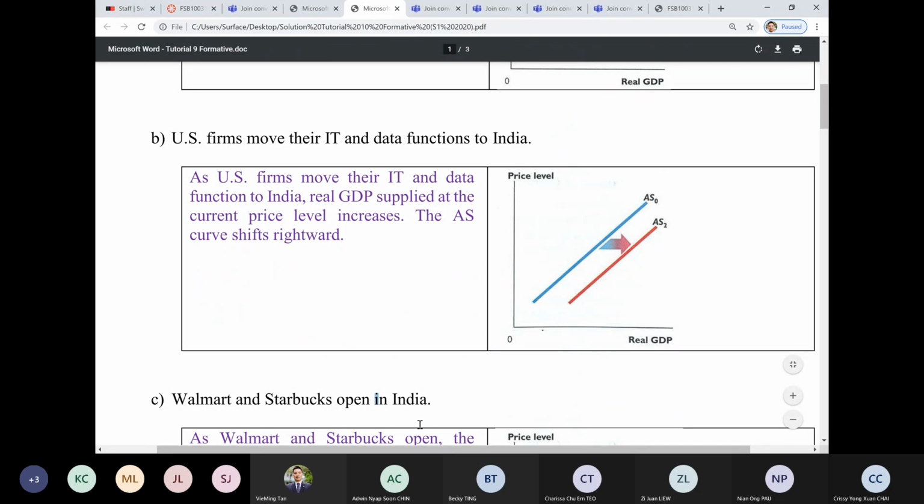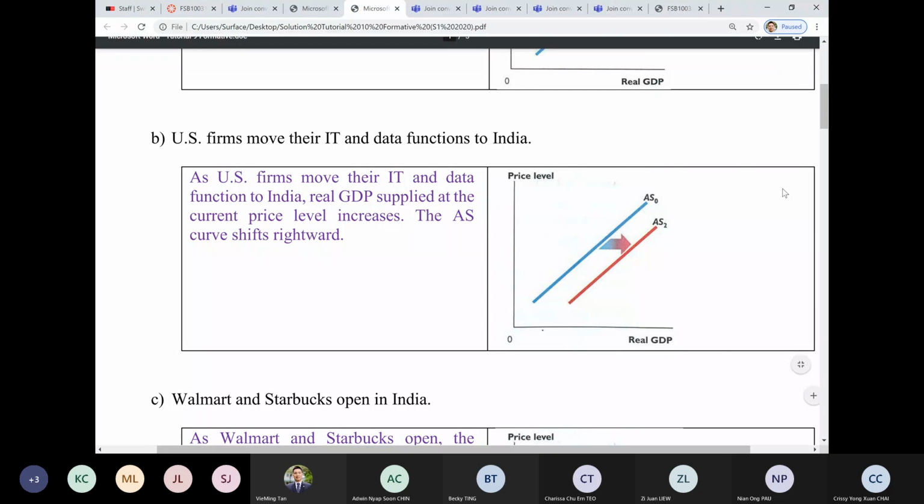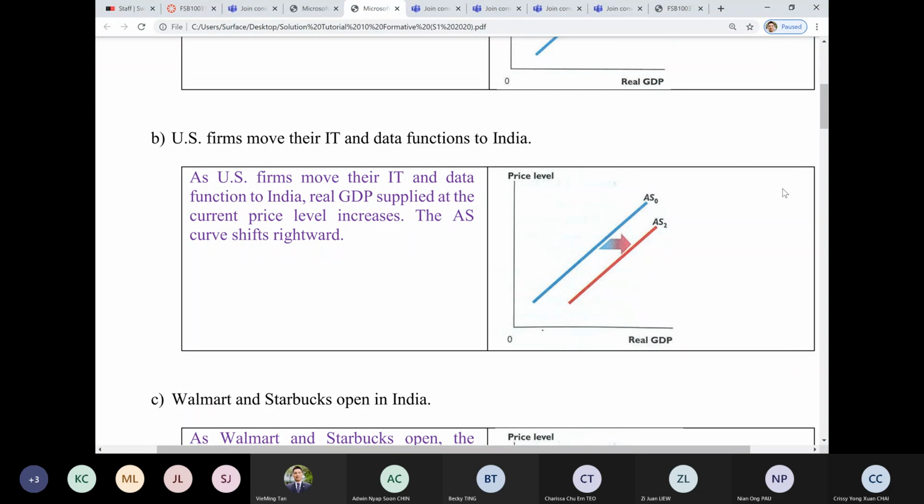So what is the impact to India then? What is the consequence if more international firms open the business in India? Will it affect the aggregate supply or affect the quantity of real GDP supply? Quantity of real GDP supply? No. Quantity of real GDP supply is due to price level.